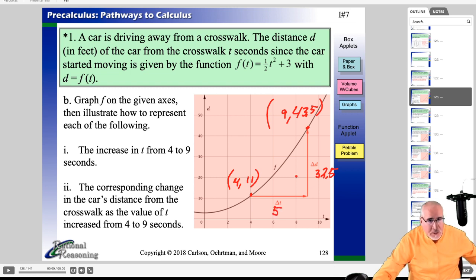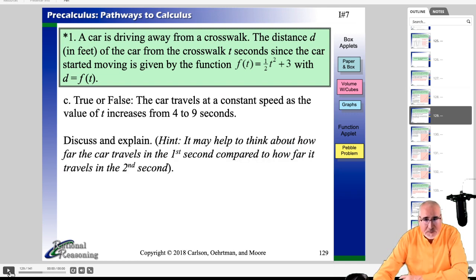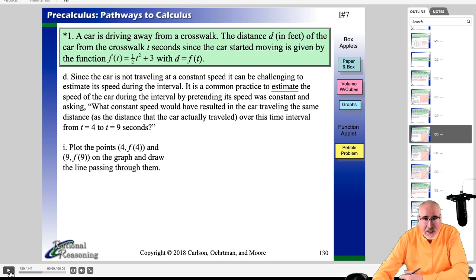And when we do this, what we're going to get is the average rate of change. And we see that it's not a constant speed, but it's giving us an average speed, an average rate. Okay, so a few other questions to answer, but I think that's going to be enough.